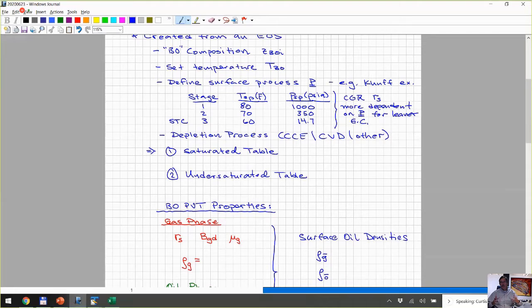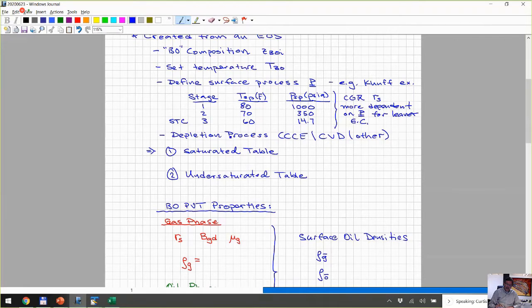The leaner it is, the more gas molecules you have to absorb the heavy components into that gas, and the less efficient it becomes. So that's the reason for this. You have a lot more gas molecules to absorb heavy components away from the liquid products, which you'd like to have. So it's more dependent on these conditions.